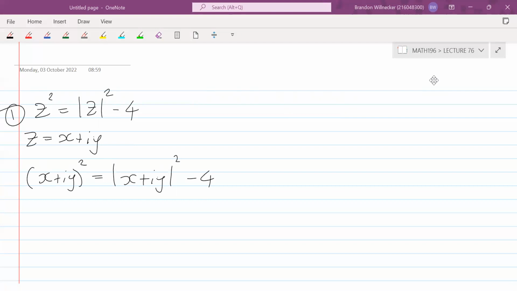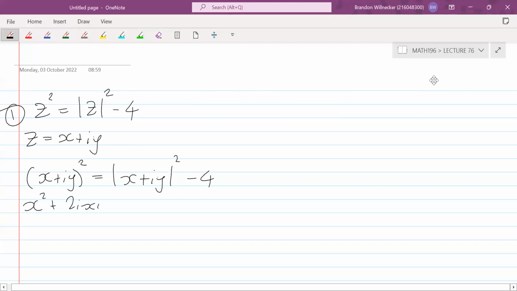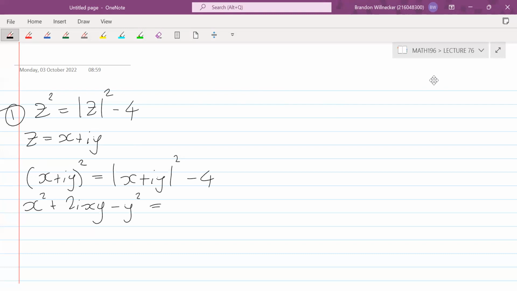So on the left-hand side, we're going to get x squared plus 2ixy, and then squaring iy is going to be i squared, which is -1, times y squared, so it's minus y squared. This is equal to the magnitude of x plus iy, which is the square root of x squared plus y squared. But since we're squaring it, it's just going to be x squared plus y squared. And then we have the -4.